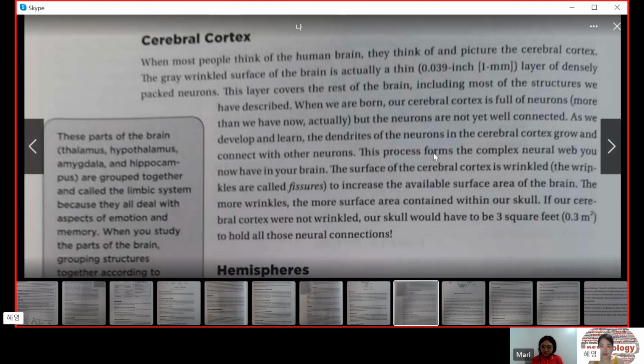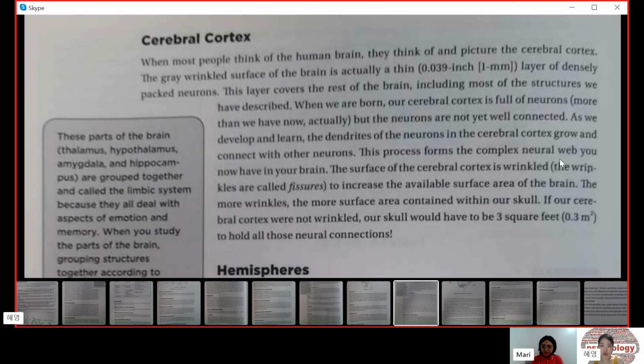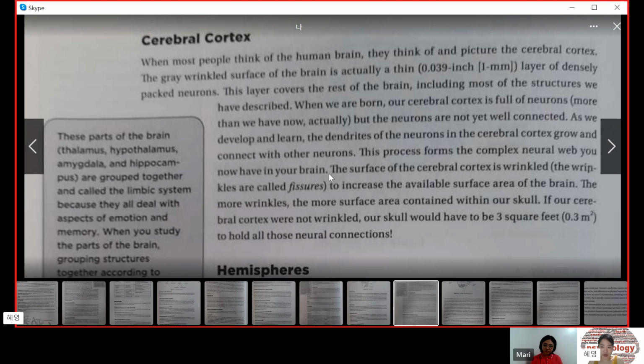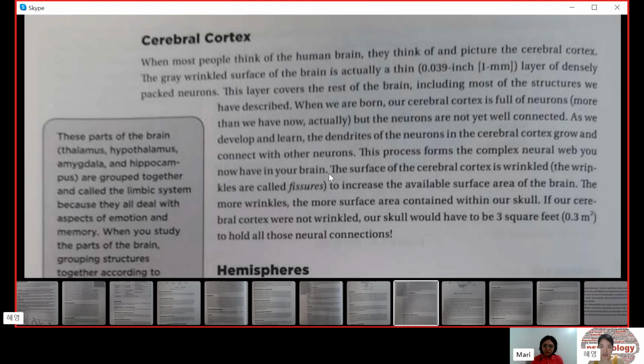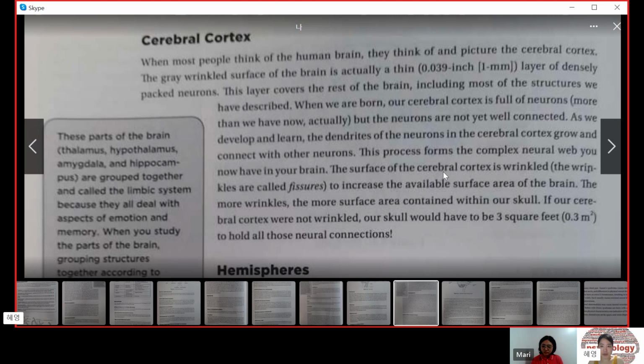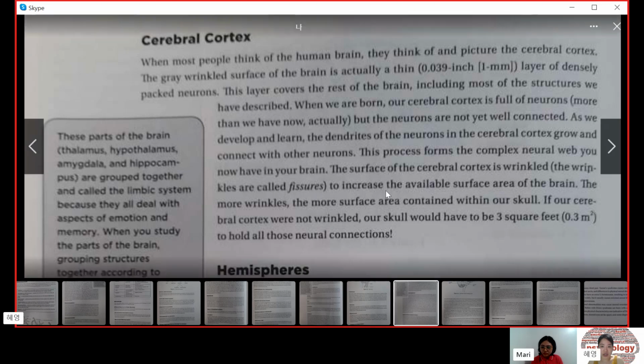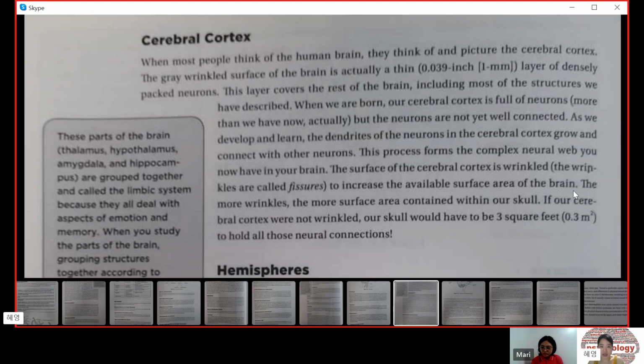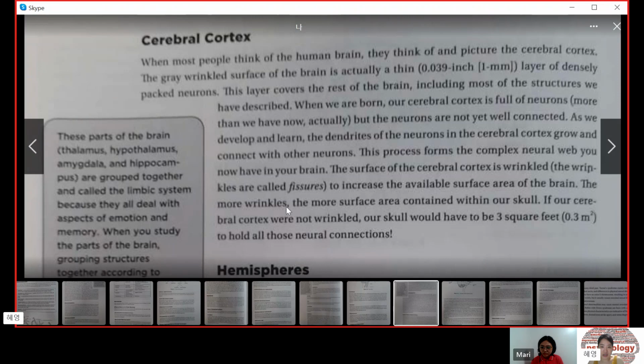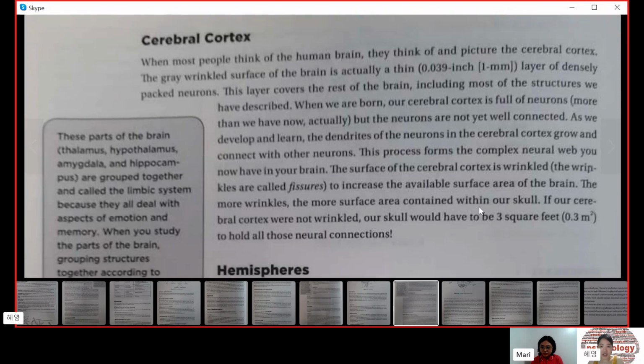This process forms the complex neural web you now have in your brain. The surface of the cerebral cortex is wrinkled. These are called fissures, and they increase the available surface area of the brain. The more wrinkles, the more surface area contained within our skull.